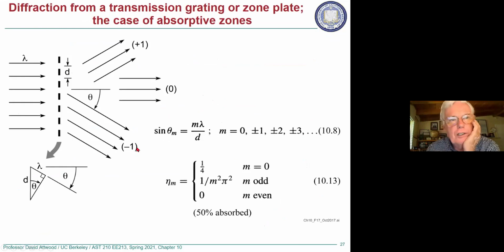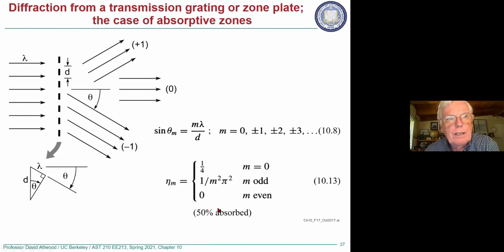So here is our transmission grating, shown here as having absorptive zones, equal lines and spaces, so there are lines going into the screen. Collimated radiation is shown coming in here. Half of the light is absorbed just by area, right? So 50% is absorbed.